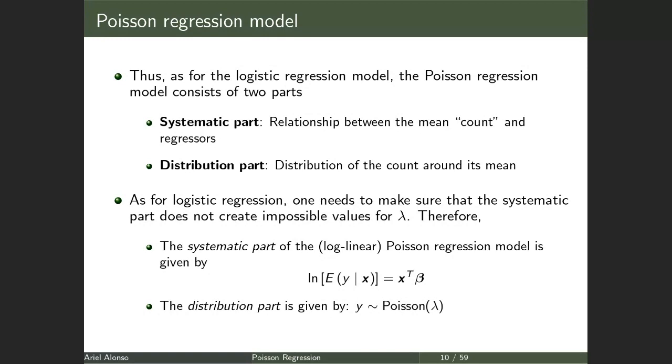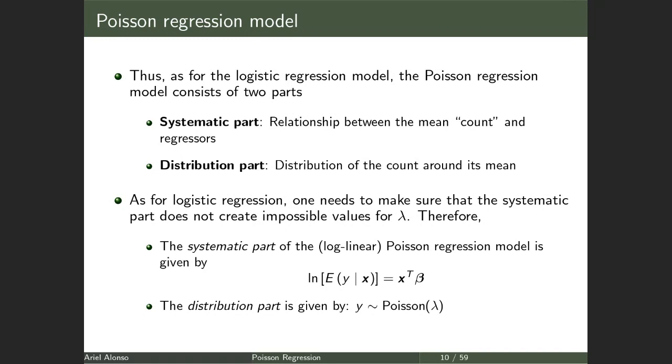You have the systematic part and you have the distribution part. What is the systematic part? There you specify the relationship between the mean, in this case the mean count, and your linear predictors. You are trying to model the systematic part of this phenomenon. You are trying to see how the mean varies with the linear predictor.